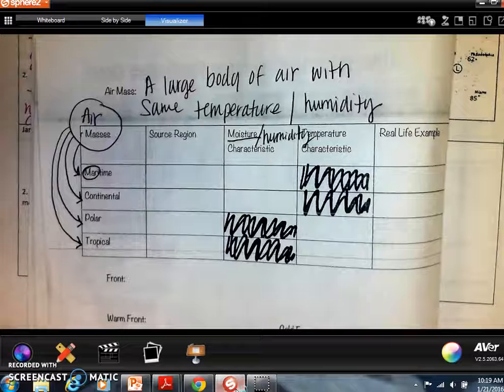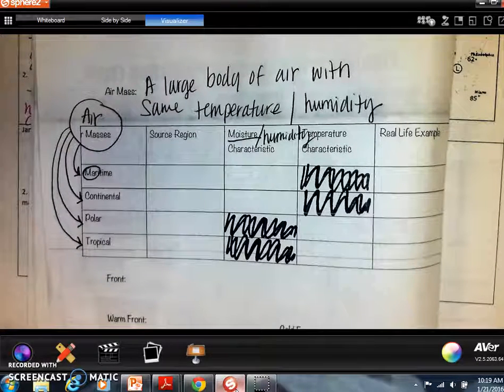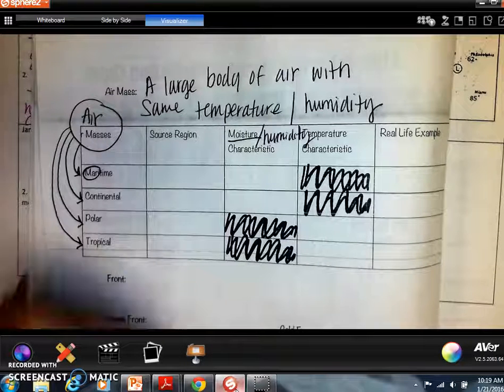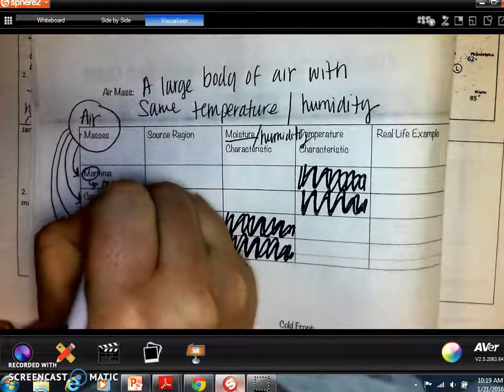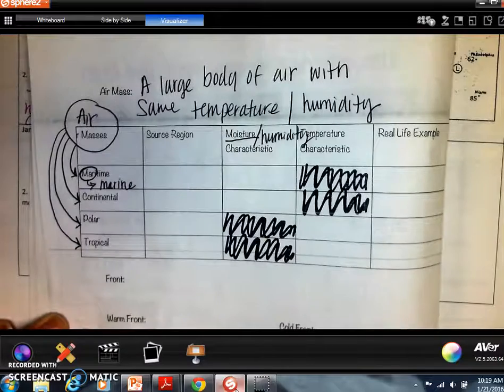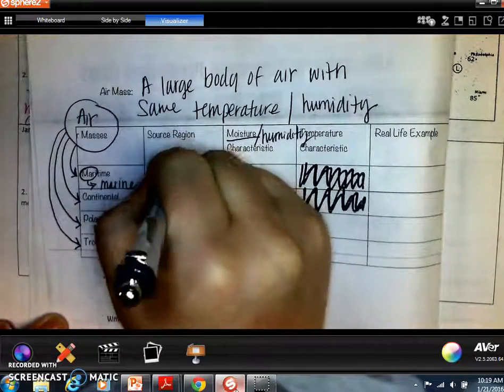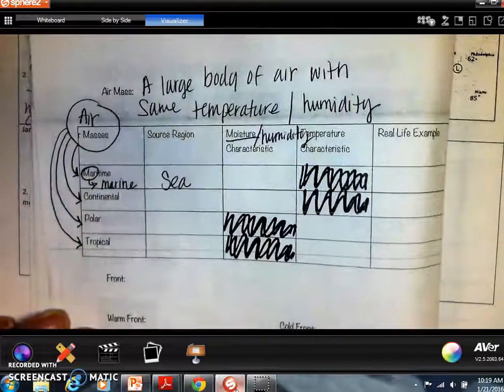What does that remind you of? Does it remind you of anything? Yes, very nice. Marine. So marine, what does marine mean though? Those people, what do those people do? They go in the water. Yes, they like to be on the sea or the ocean. So the source region means where is it coming from?